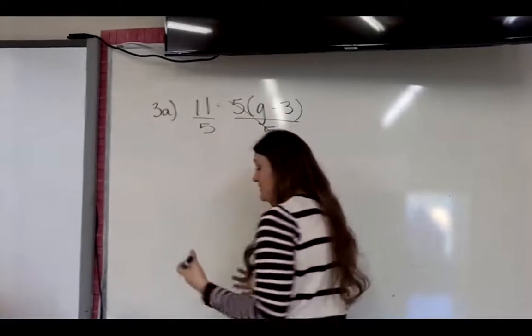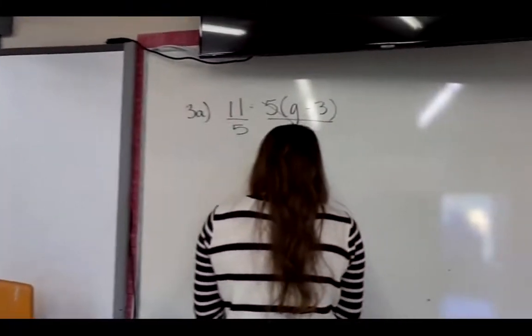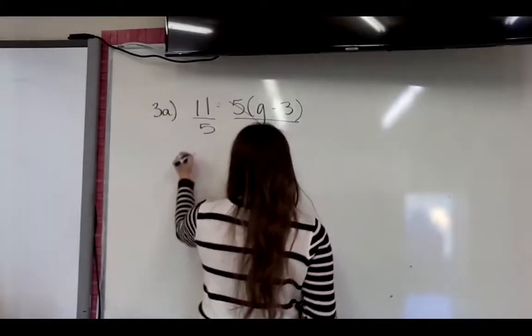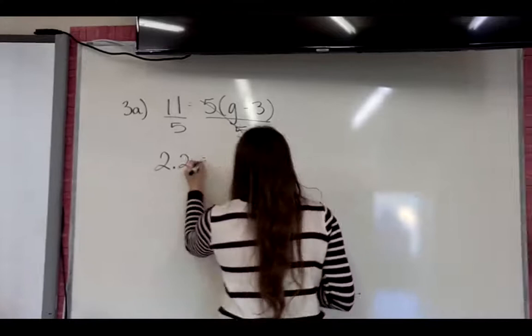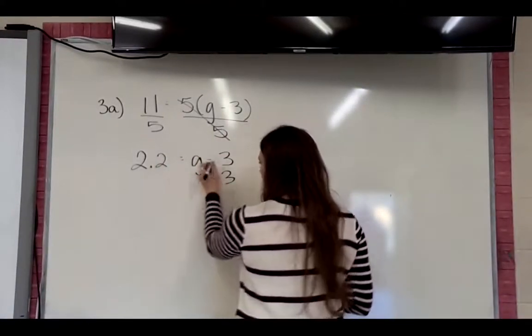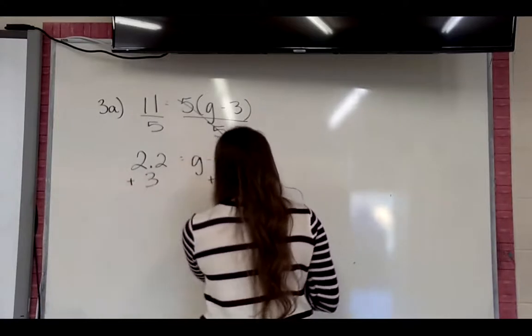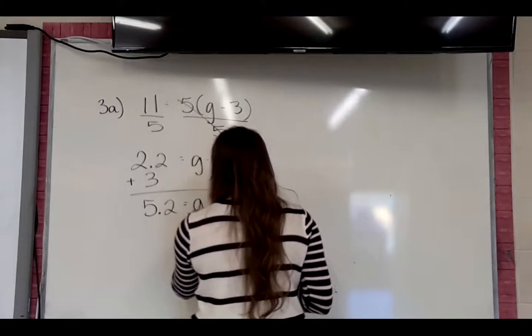11 divided by 5 doesn't come out to a nice number. I believe it is 2.2, yep, so 2.2, or you could have just left it 11 over 5, equals g minus 3. Then to get rid of that 3, since it's being subtracted, we add it to both sides, and we get g is 5.2.